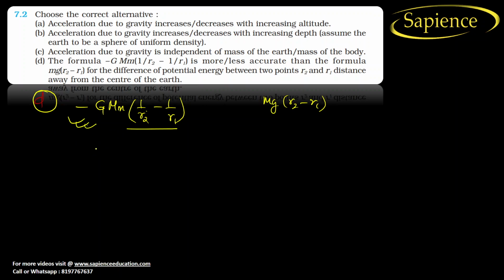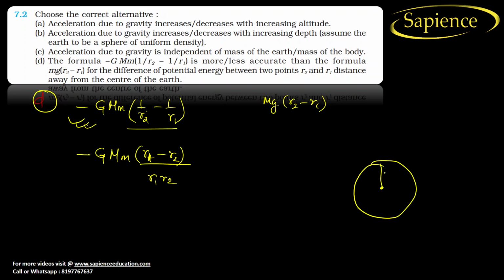This is the formula. Now let us consider GM into small m into (r1 minus r2) by r1 and r2. If we consider this is the earth and this is the radius of the earth as r1, and this ball or this object has a radius r2.